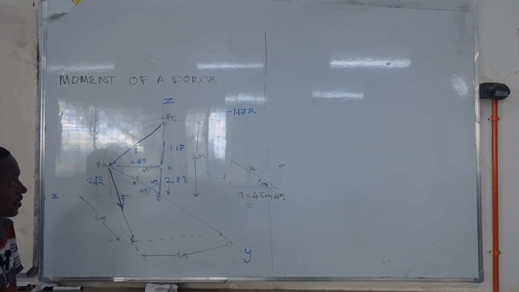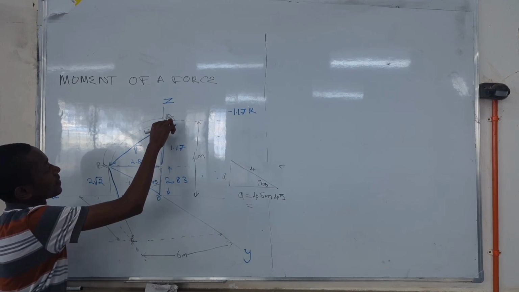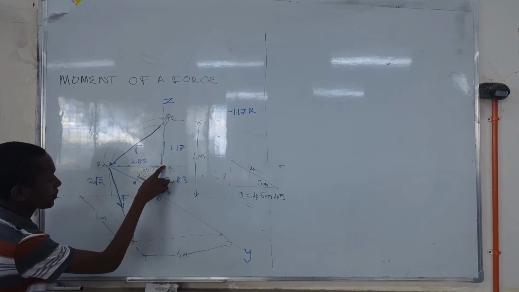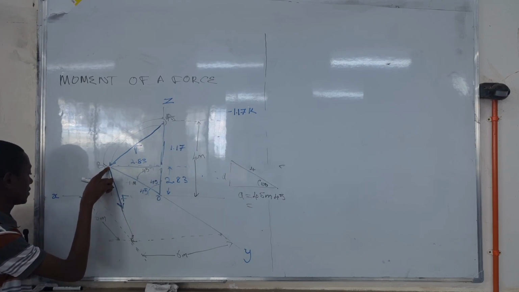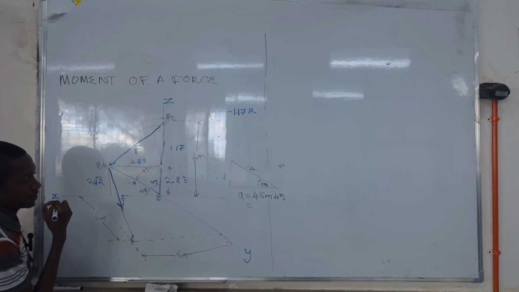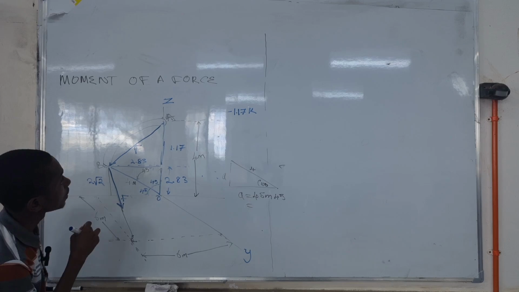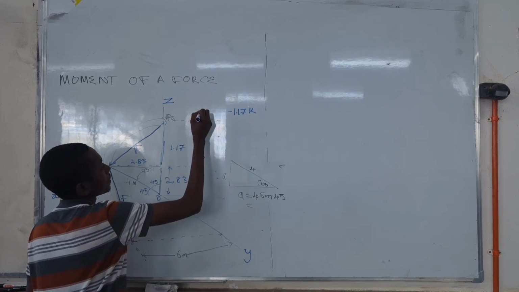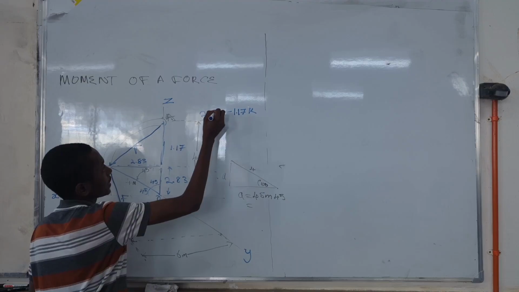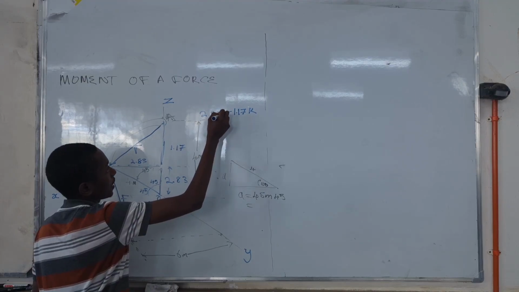Oh yeah. So we're moving like that. Then we're going like this. That is in the X. And that is positive 2.83 i.